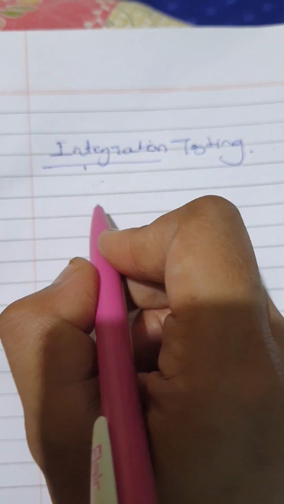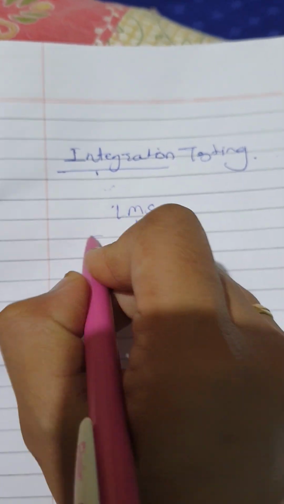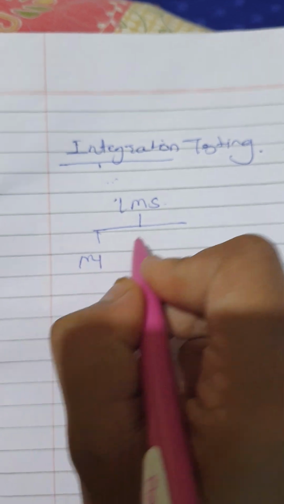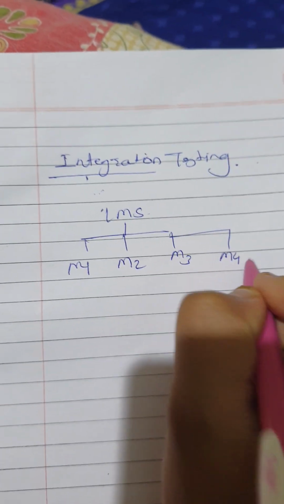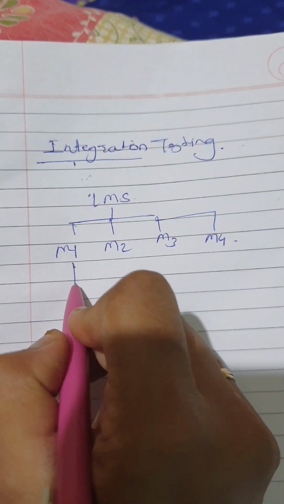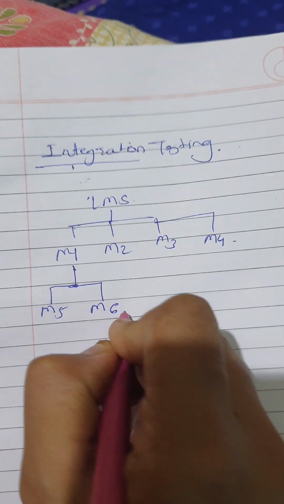Suppose the library management system is broken down into modules M1, M2, M3, M4. Again, these modules are broken down into submodules M5, M6.